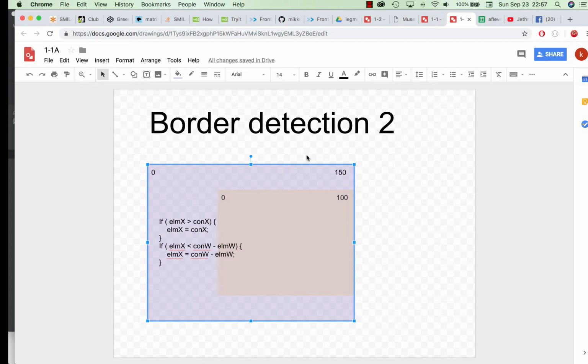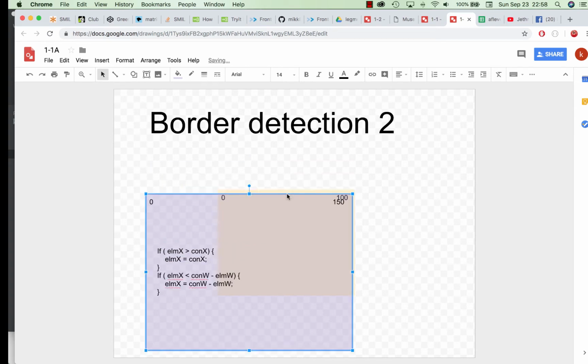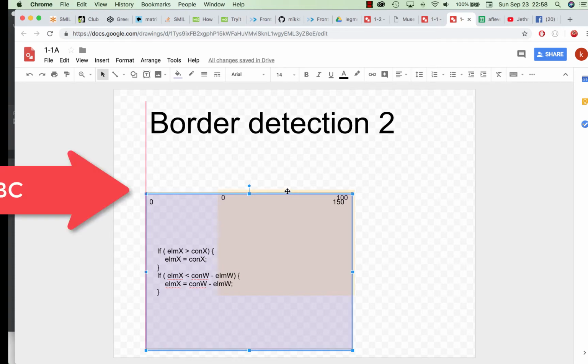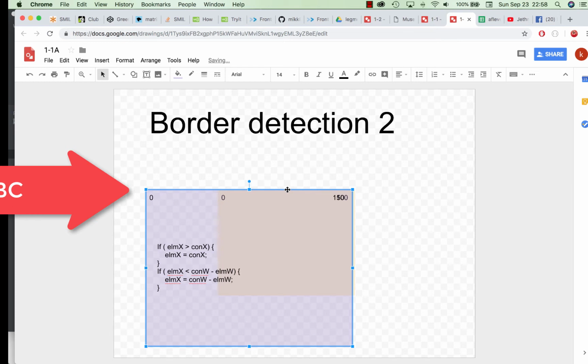But if we do have some vertical movement, we still need two if sentences if we want to do some border detection on it. We have two scenarios. We have the element's y that's on its way under the top position, like this. This we want to avoid, and we want to reposition it on the top position.